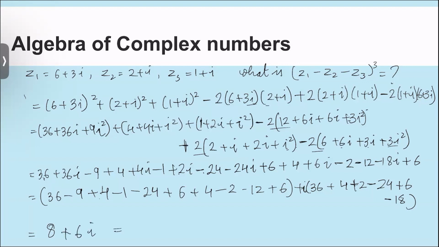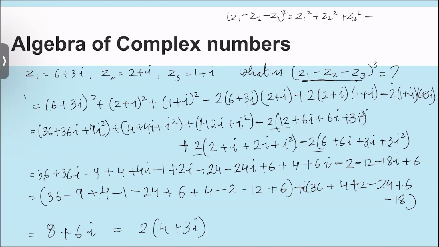Okay, so now if you reduce it, you get 8 plus 6i. You can see how we found the solution for this expression using the identity we had derived: z1 minus z2 plus z3, the whole square, is z1 squared plus z2 squared plus z3 squared.